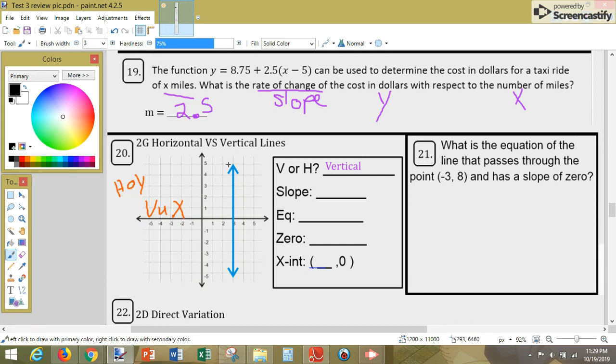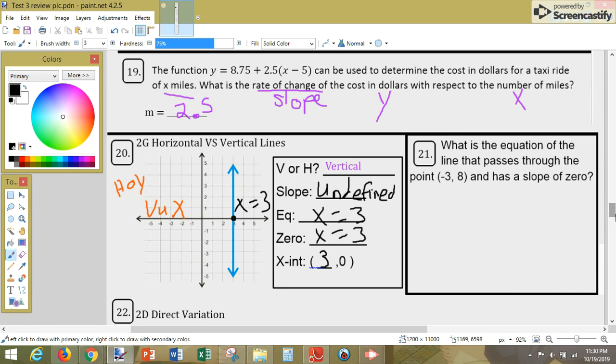This is a vertical line, and it goes through the x-axis, x equals 3. Our slope is undefined, and our equation is x equals 3. The 0 is when it crosses the x-axis. That's also x equals 3. And our x-intercept is 3, 0.